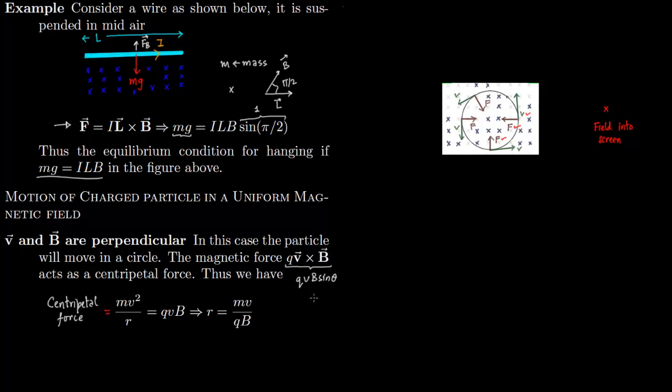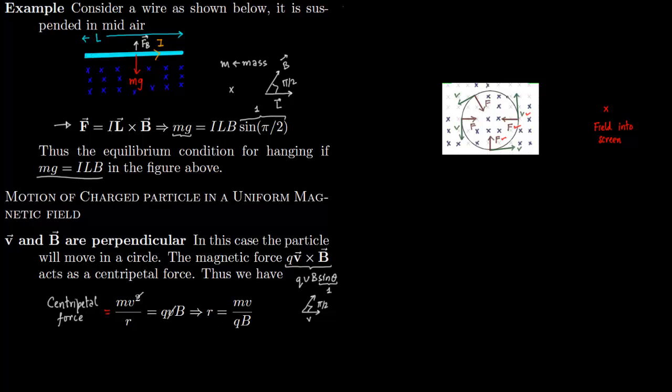But v lies on the screen and B is into the screen, so the angle between velocity and the magnetic field is pi by 2, and sine pi by 2 is 1. So you get qvB. The centripetal force is equal to the magnetic force. You solve for r and you get r equals mv by qB.